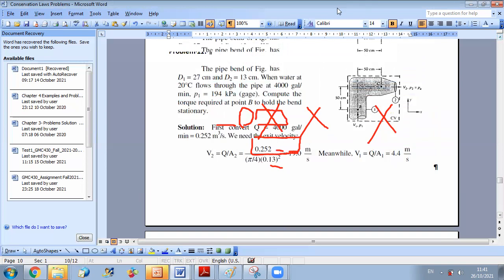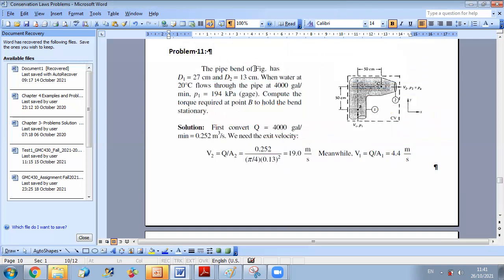Vector r is the vector from point B to the exit. This is your vector of interest. This is vector r and this is vector v. But why didn't I do a vectorial product here? Because it's a 2D application. So in 2D, you can directly see the moment. To get the moment, you just do m dot V times this distance.